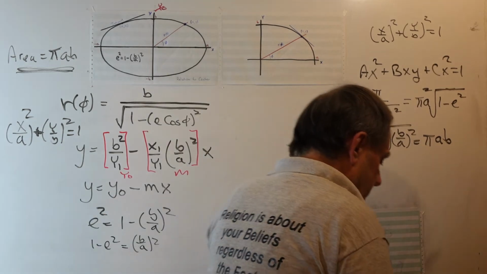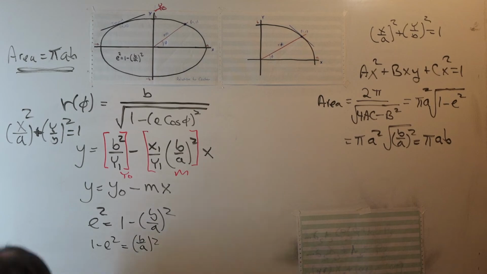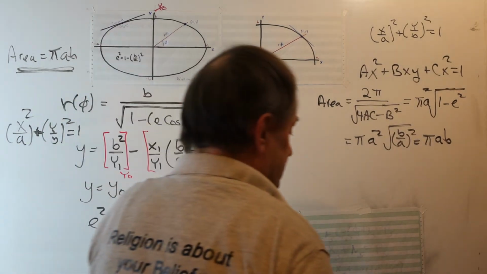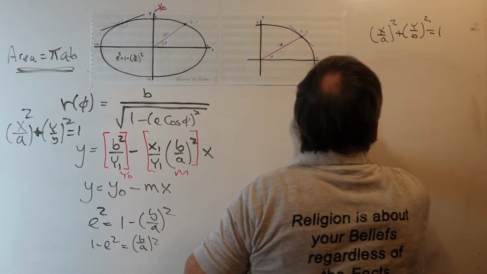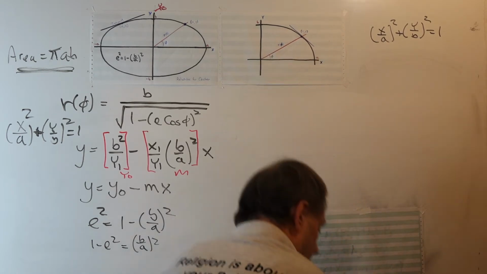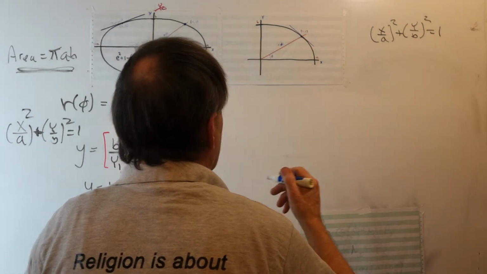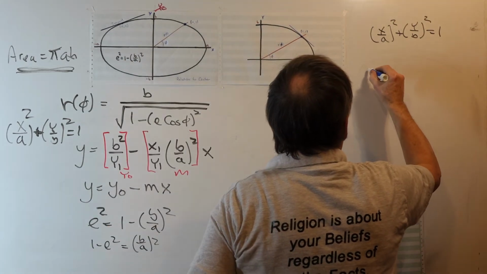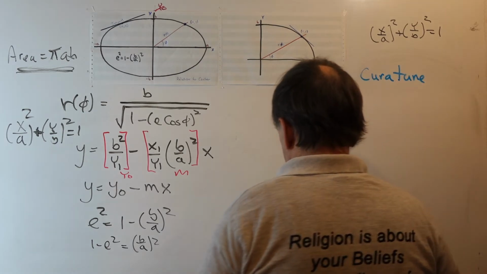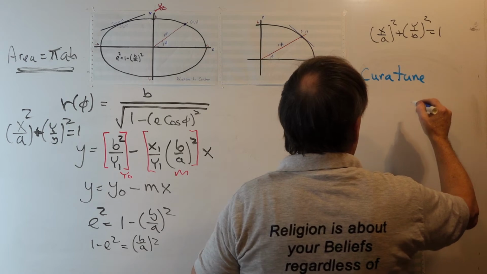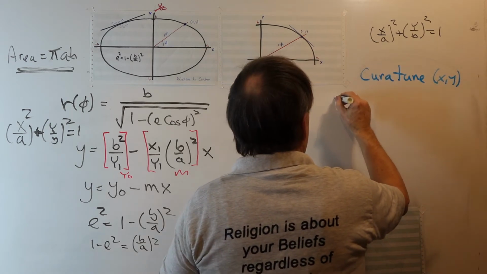Now, we also have some important parameters called the curvature and the radius of curvature for an ellipse. The curvature at a point xy, this is a mathematical geometric definition. The curvature at xy is kappa.